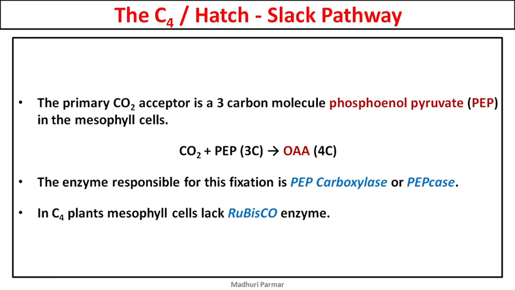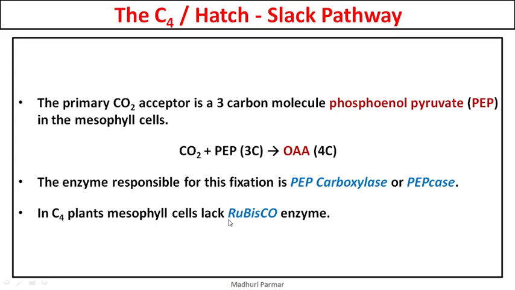So it is an oxidizing environment. This enzyme has an active site which can also bind to oxygen. So to prevent that, Rubisco enzyme here is missing in the mesophyll cell. You will understand all of this when we study photorespiration.